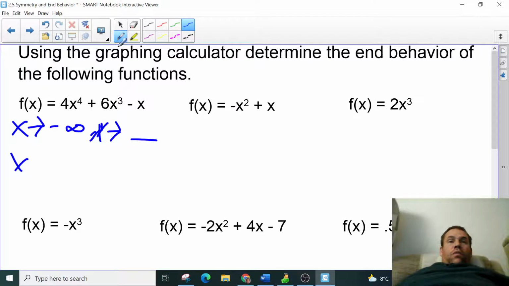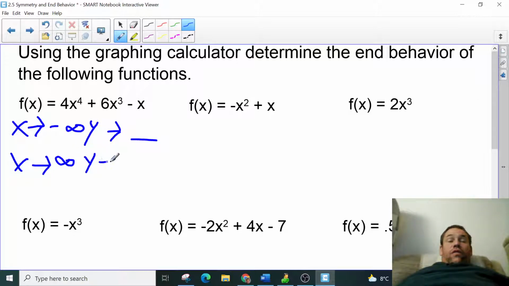Sorry, I was supposed to do y. There we go. Then as x goes to the right, positive infinity, y goes to blank.